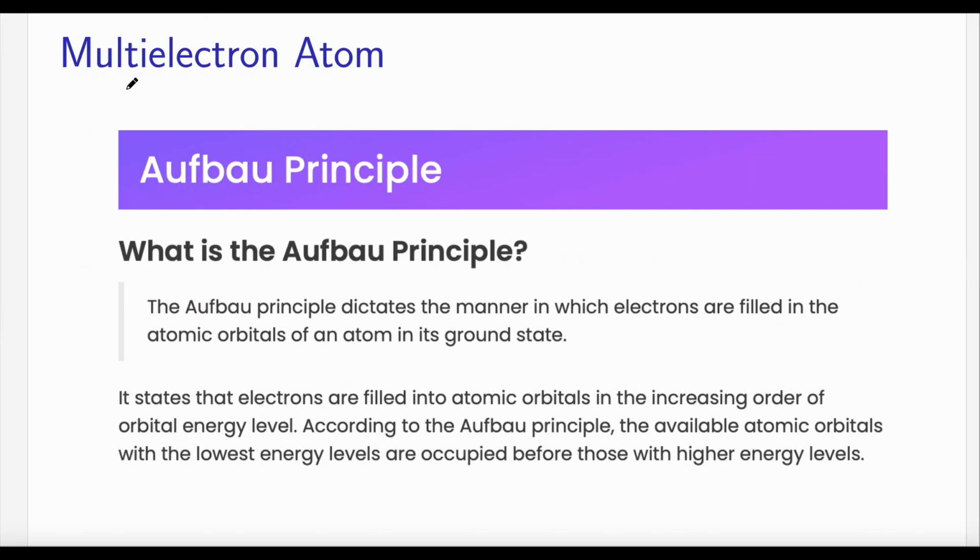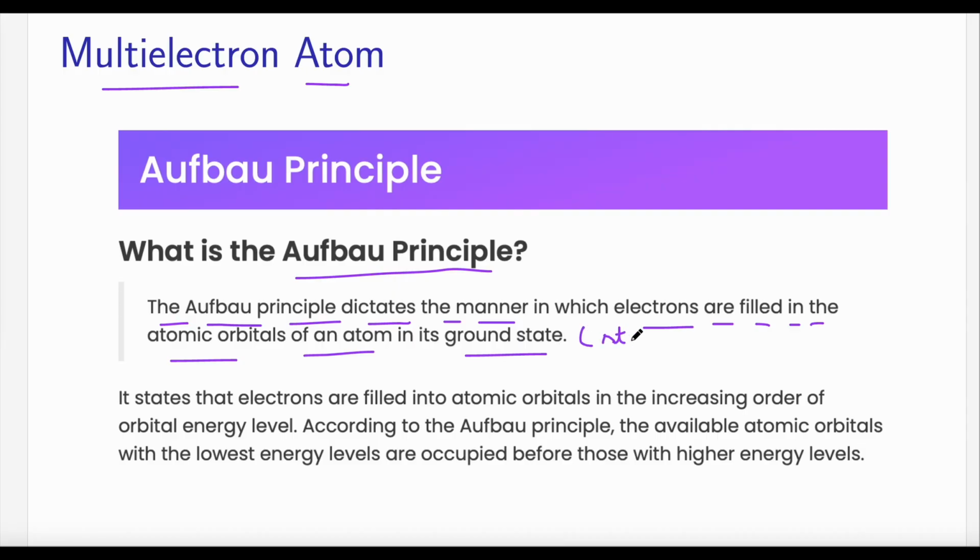When we are talking of multi-electron atoms, there is a principle that we have to follow, called the Aufbau principle. Let us go through what the Aufbau principle is. The Aufbau principle dictates the manner in which electrons are filled in the atomic orbitals of an atom in its ground state. Ground state means state of lowest energy.